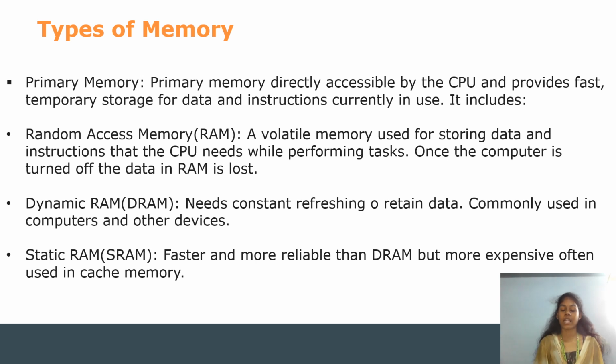Dynamic RAM, DRAM, needs constant refreshing of retained data and is commonly used in computers and other devices. Static RAM, SRAM, is faster and more reliable than DRAM but more expensive, often used in cache memory.